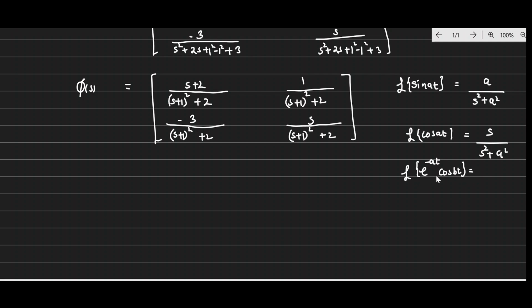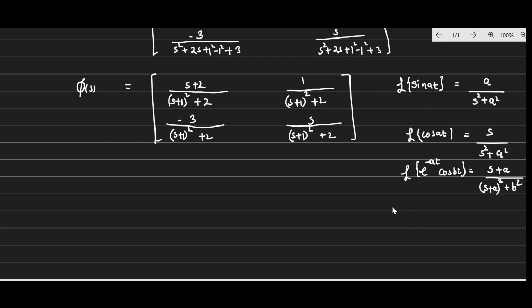For the cosine function, this would be s plus a over s plus a squared plus b squared. The a is the coefficient of t in the exponential, and b is the coefficient of t in the cosine.